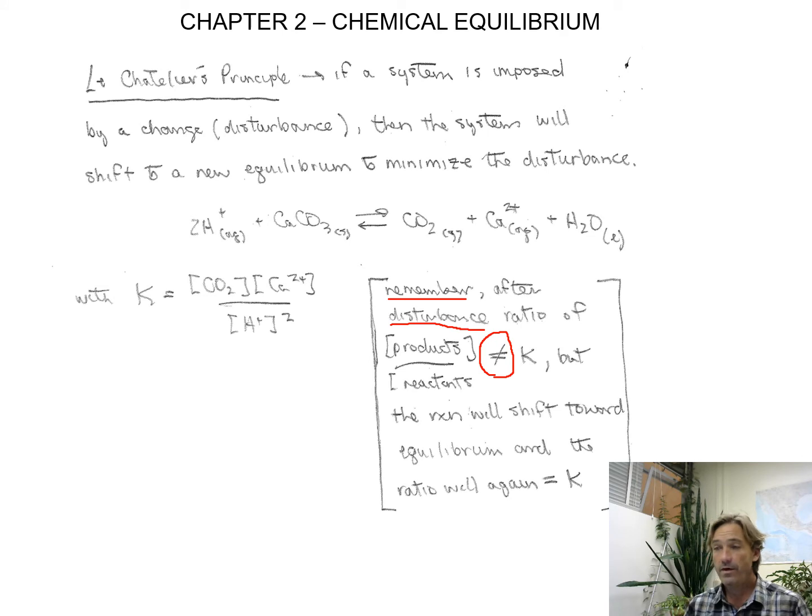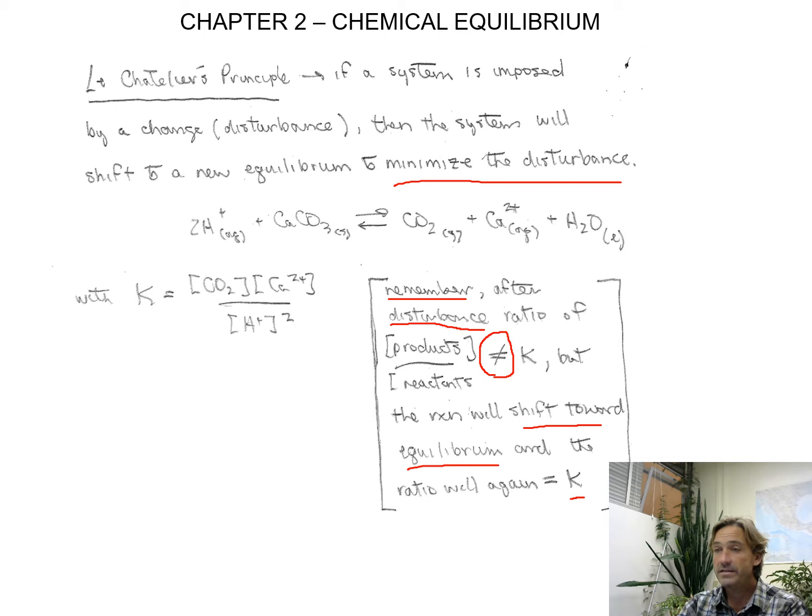So the ratio is not equal to K. But at that point, the reaction will shift towards equilibrium again, such that it'll again equal K. So it will find this new equilibrium position, and it'll do so by minimizing the disturbance.